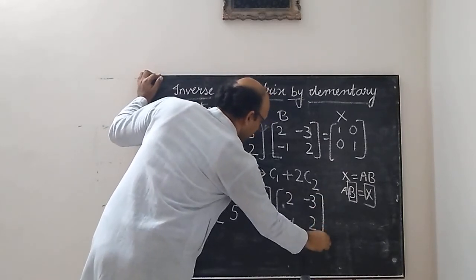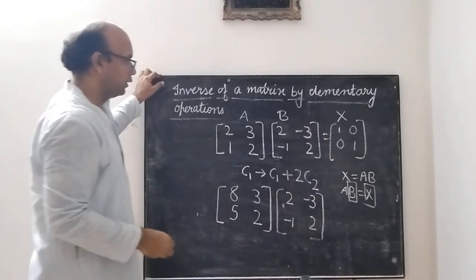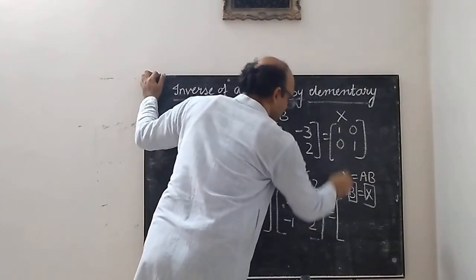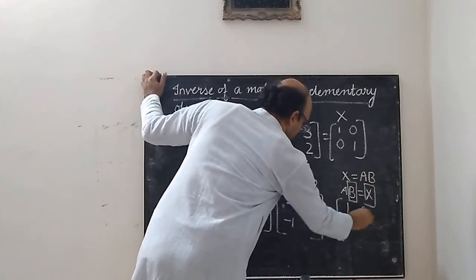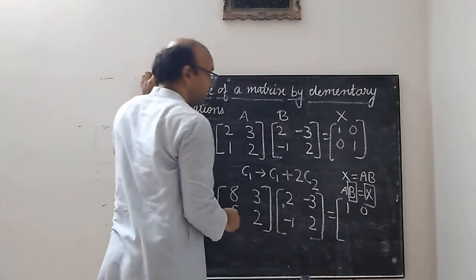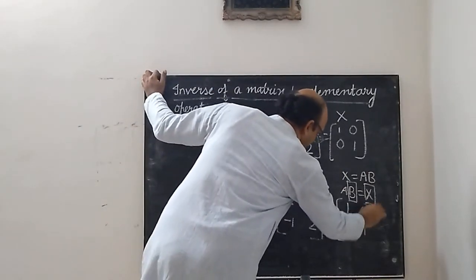We change this one, this is 1, 0, and then this is 2 and this is 1.